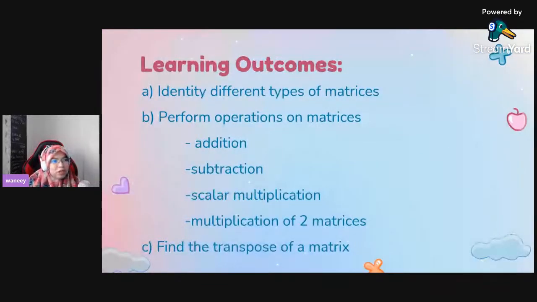Okay, so the learning outcome for today, you should be able to identify different types of matrices. So we have zero matrix, identity matrix, diagonal matrix and so on. You have to know the different types of matrices and then perform the operations on matrices. So we are going to do addition, subtraction, and then scalar multiplication as well as multiplication between two matrices.